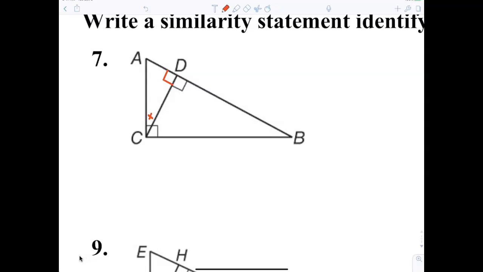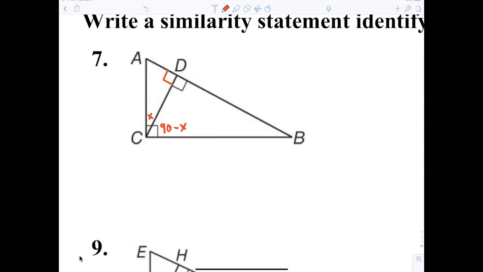Everybody agree that's x? We don't know what it is. So now I want someone to tell me what the measure of this angle right there would be. Say it. Thank you very much. Guys, that is critical. That angle right there must be 90 minus x.